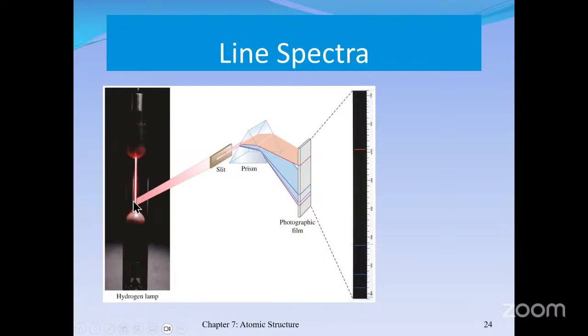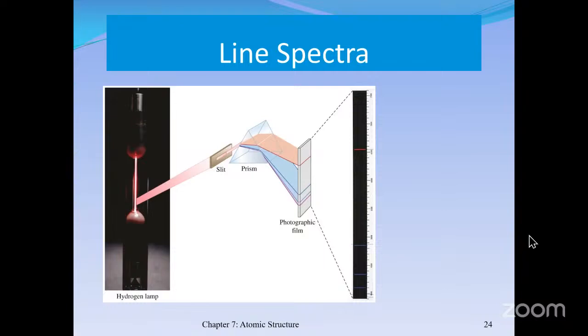If you pass it through a slit and then through a prism like you did before, and project it onto a screen, you're not going to get a continuous spectrum where the different colors of light transform from one to the other across the spectrum. Instead, what you have are defined light lines of different colors and dark regions in between. So you have this line here, and one other line which looks blue, and I think these are violet and or indigo colored lines, right?